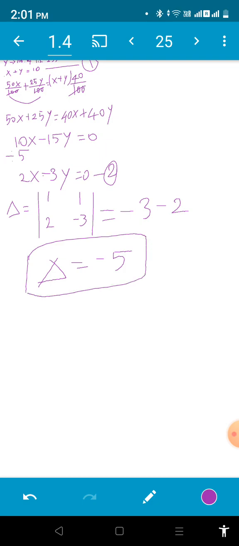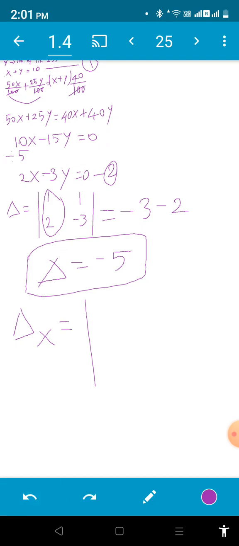Then similarly I find delta x. For x, I put in the constant values. The constant numbers are 10 and 0.